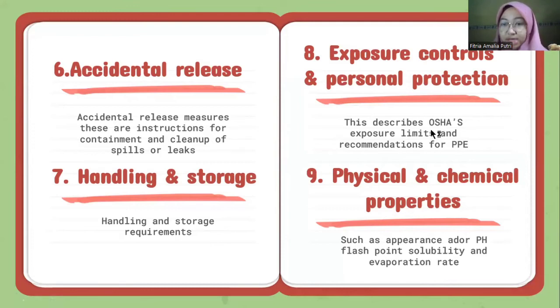Next is section 8, exposure controls and personal protection. This describes OSHA's exposure limits and recommendations for PPE. Section 9 is physical and chemical properties such as appearance, odor, pH, flash point, solubility, and evaporation rate.